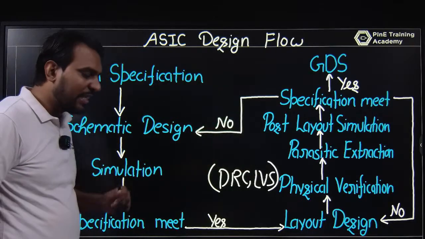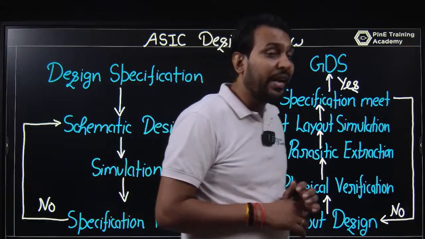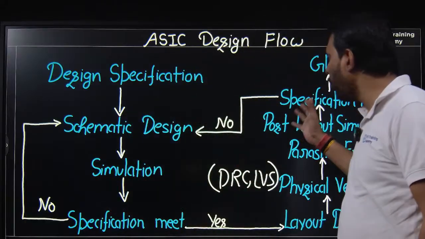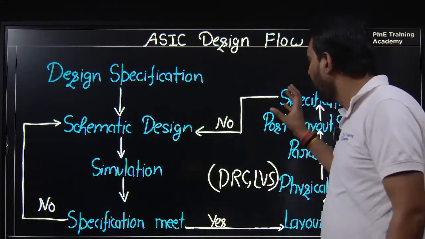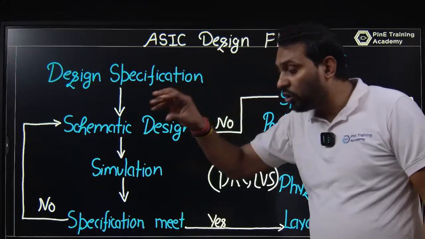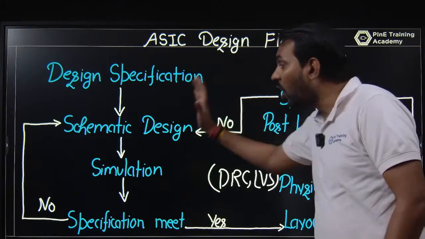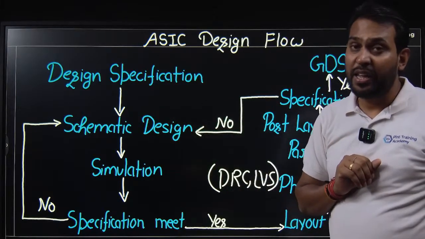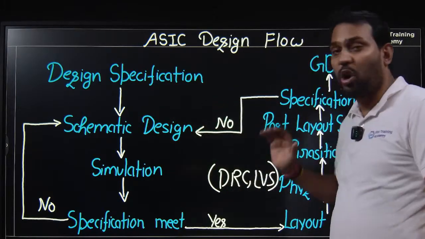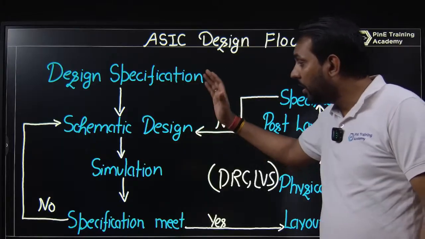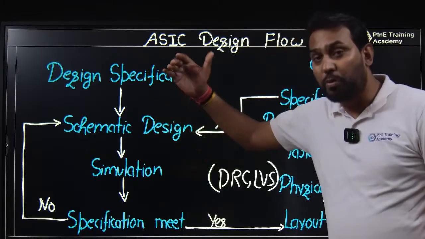Why are we going for schematic design? Schematic design means that after the post layout simulation you have some problem in terms of delay or some values. So you can talk to the analog circuit designer: we are facing this problem, please change that value in terms of multiplier.